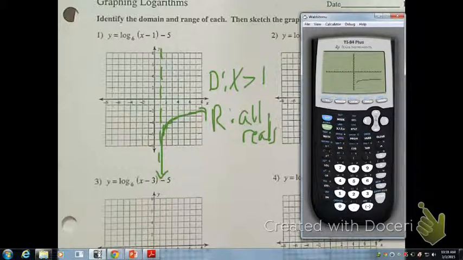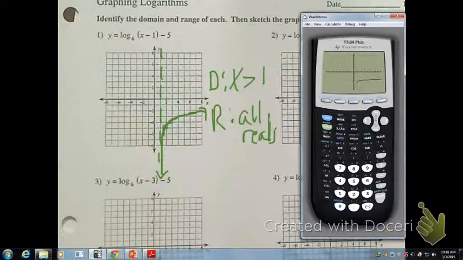Is the range going to be all reals no matter what our transformation is? What do you think, yes or no? Can you think of a time where our range is going to be restricted when we do these? Think about your homework. When you reflected it, would it have changed your range?